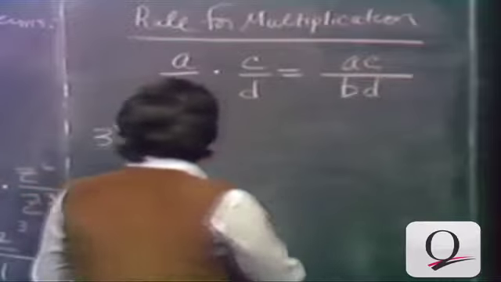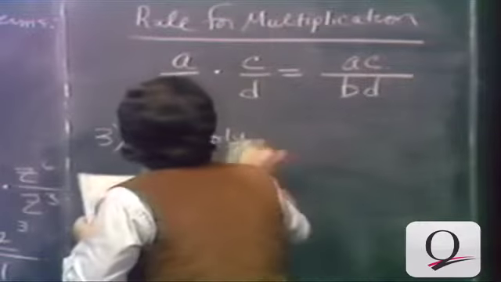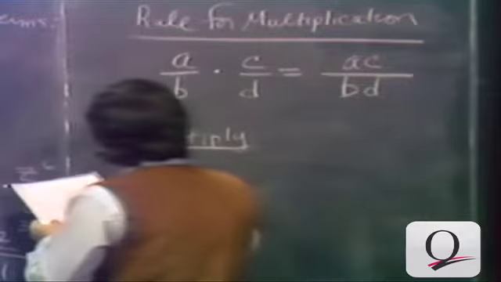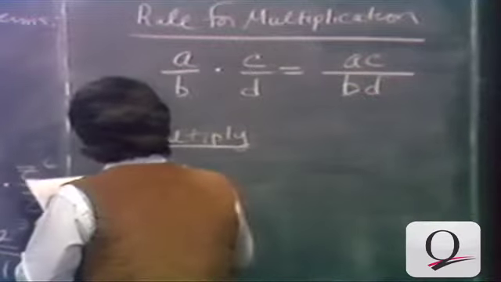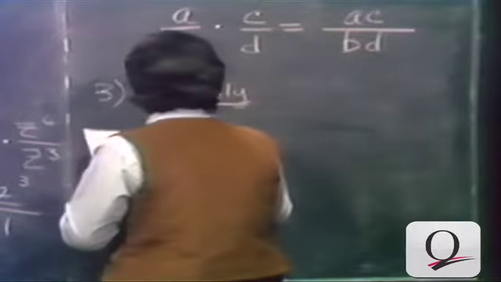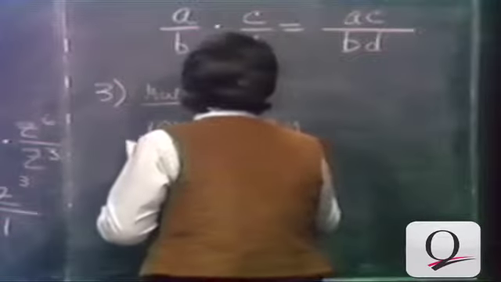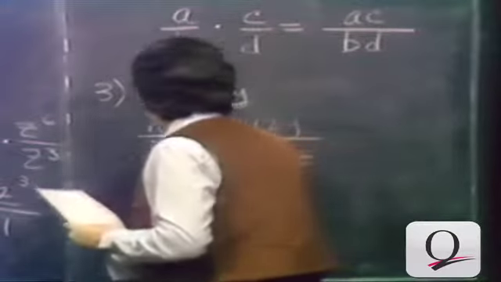OK, let's multiply the following. 10x over 3y squared z times 12y over 8xz.